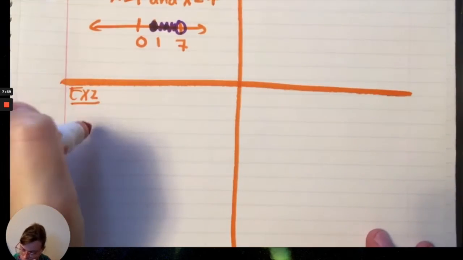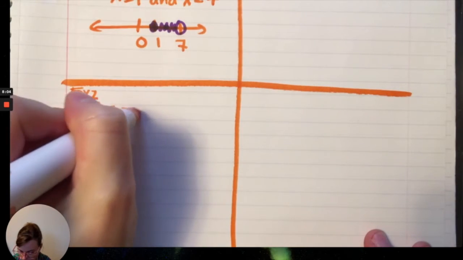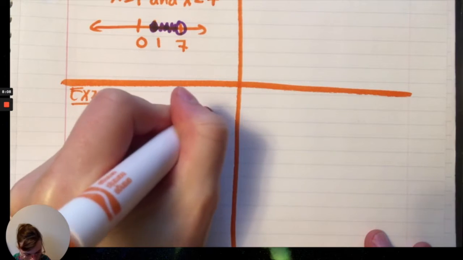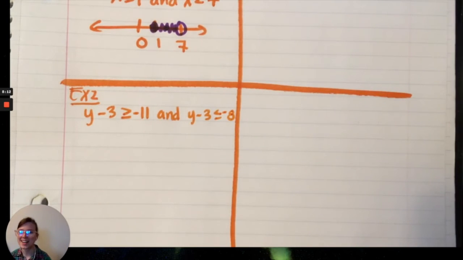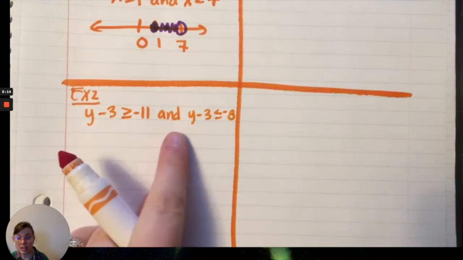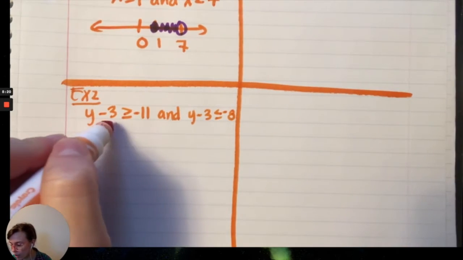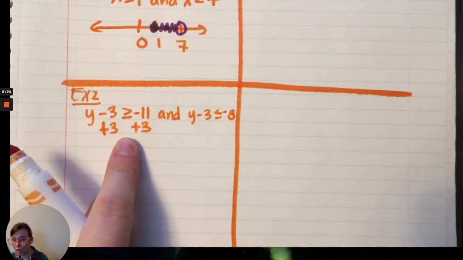Example 2. Now sometimes we don't actually see it as a combined inequality. Sometimes we see it literally with the word and there, and in this case we can treat it as 2 separate inequalities. So I'm going to add 3, but only to both sides of this inequality over here.